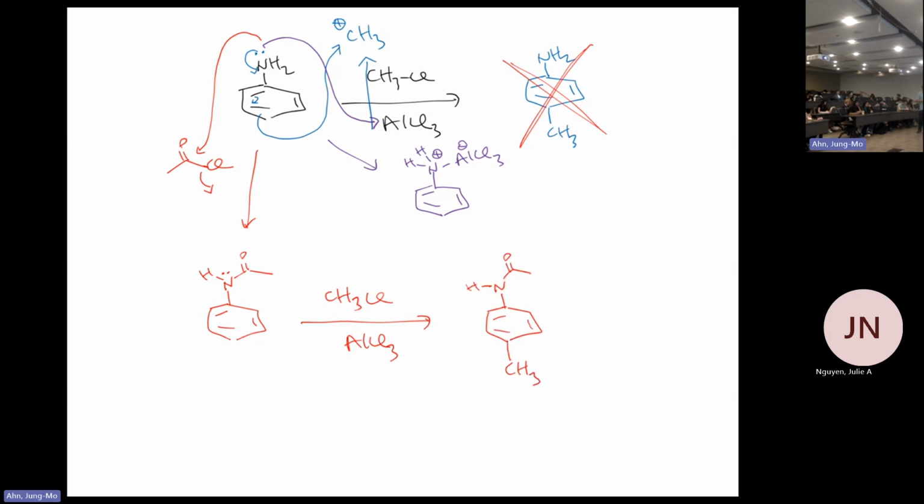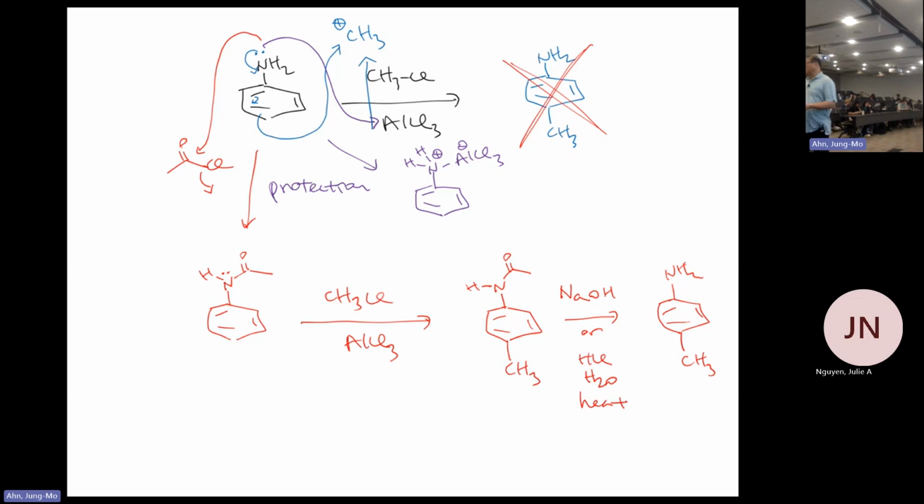The only thing you need is breaking that up, which is adding water and strong acid and cooking it up, or you can do the basic condition too. That way, you can do this Friedel-Crafts alkylation without that complication. So this is again what we call the protecting strategy. Acetyl chloride becomes a protecting group, and then getting rid of it by breaking with water, which is called hydrolysis, is the deprotection step.